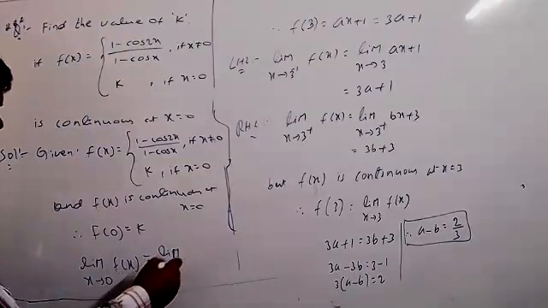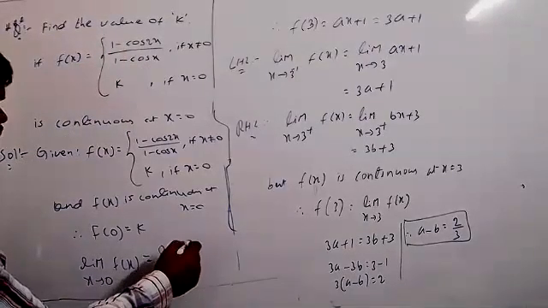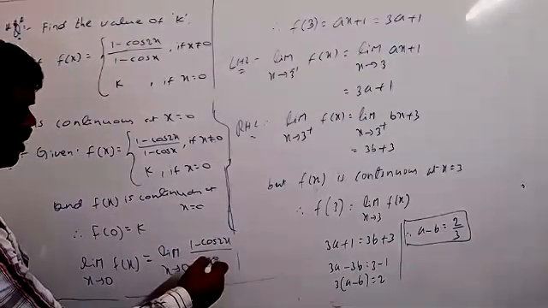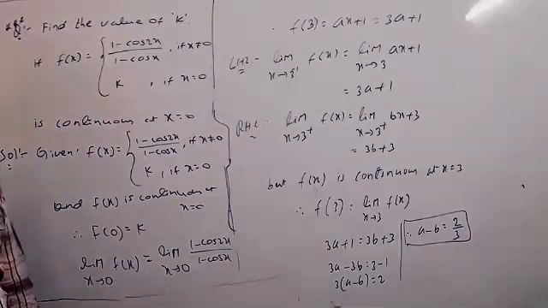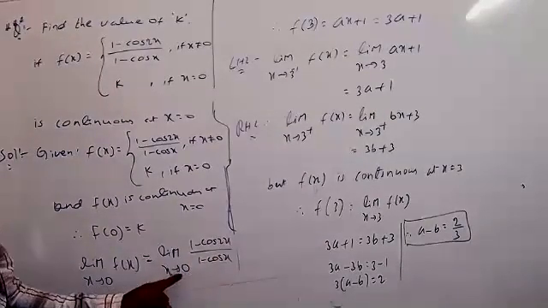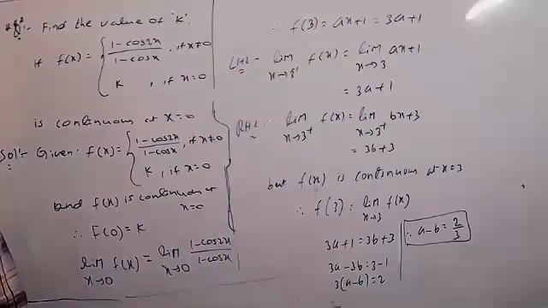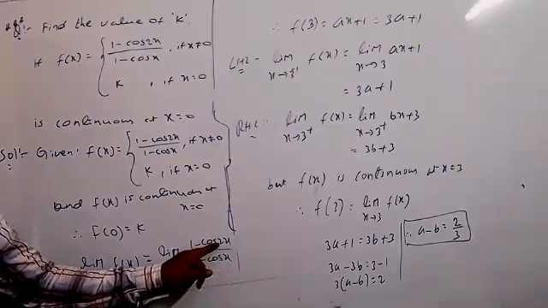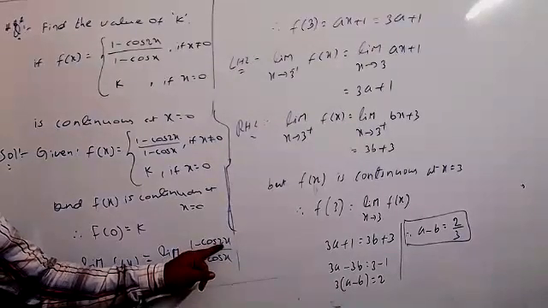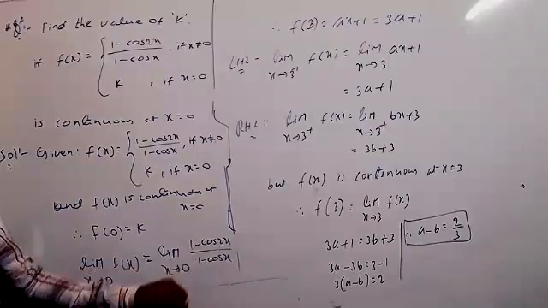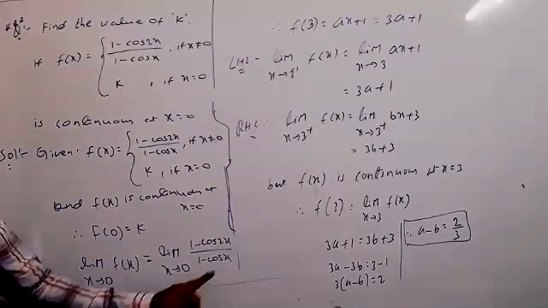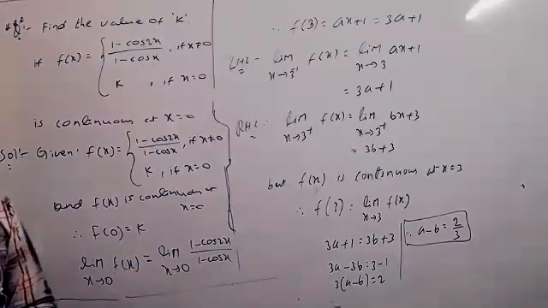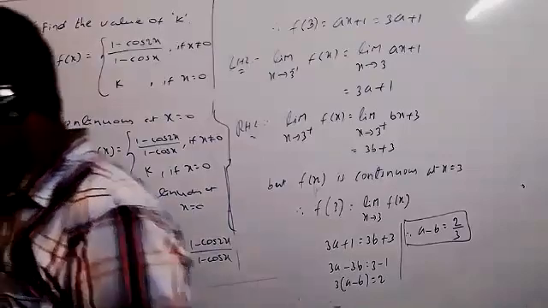Suppose you substitute x equal to 0: 2 into 0 equals 0, cos 0 equals 1, so 1 minus 1 equals 0. Here also cos 0 equals 1, so 1 minus 1 equals 0. But 0 by 0 is not defined. Then what will we do now?